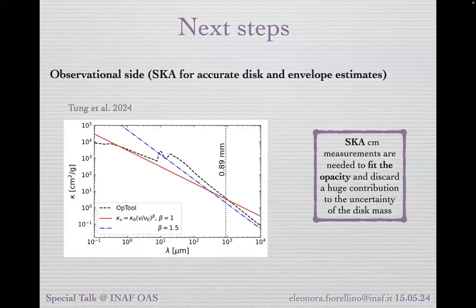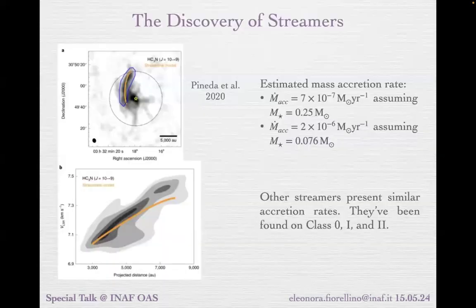And another thing that is extremely important is to study in general the mass of protostars with SKA, because only by adding centimeter data to our ALMA data will we provide more accurate disk mass estimates.